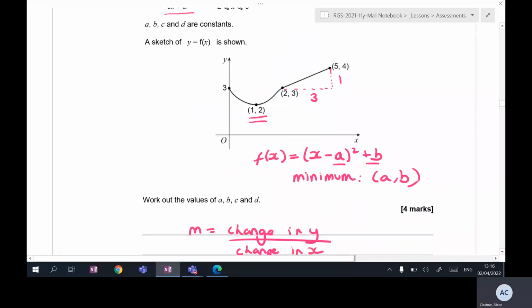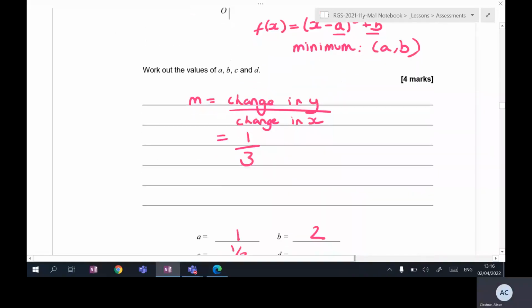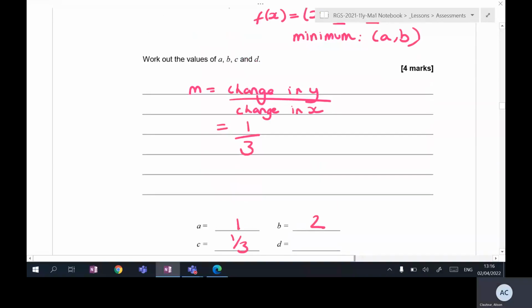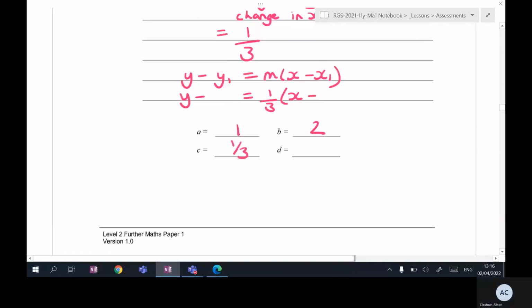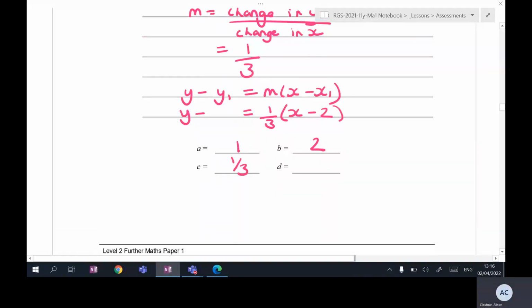Okay, and then we obviously need the y-intercept of that line to be able to find d. So remember the equation of a straight line is y minus y1 equals m(x minus x1). We just said the gradient was a third. And then we need to substitute in a point. So it doesn't matter which one we pick. I'm going to go for (2, 3). So my x coordinate is 2. My y coordinate is 3.